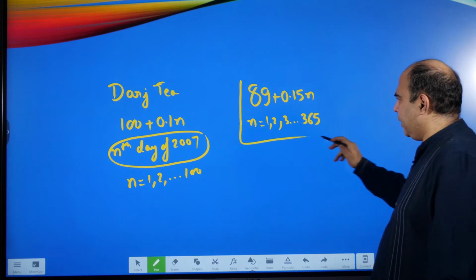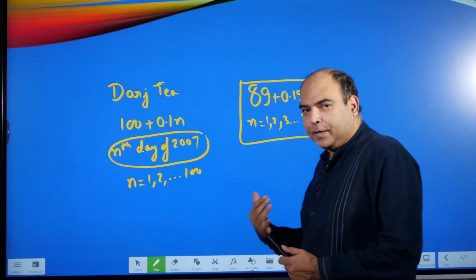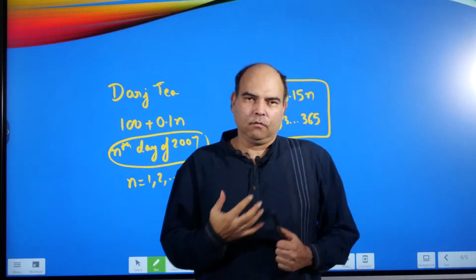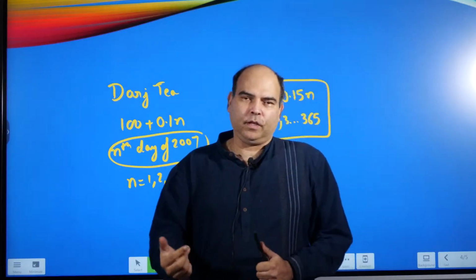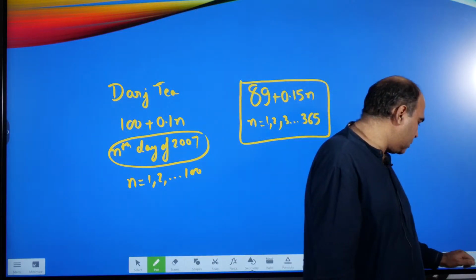So they are giving you a linear function for OTT's price also. The price of OTT is 89 plus 0.15 N. This is a linear function which continues to grow every day of the year. This is the second piece of information in this question.